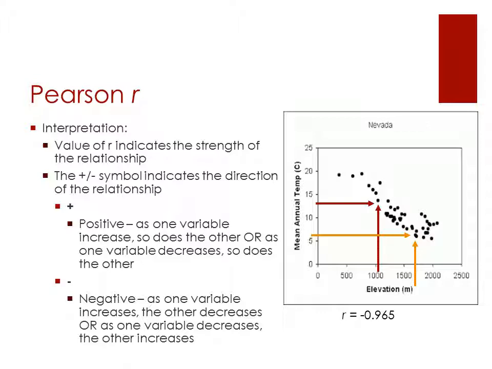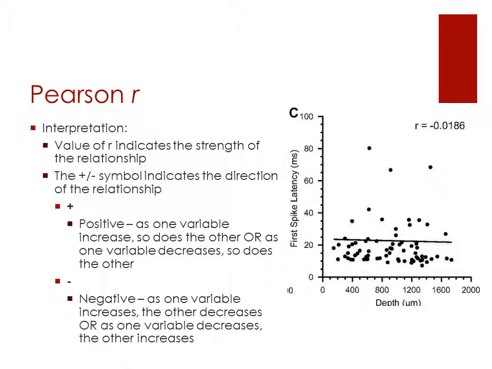Go back and watch them again if you need to, to make sure you have that clear for yourself before you proceed forward. Now if we're looking at this one, we have a negative 0.0186. So this is, again, a negative correlation, which means that as the one variable is increasing, the other is decreasing. It's a pretty small correlation, though.